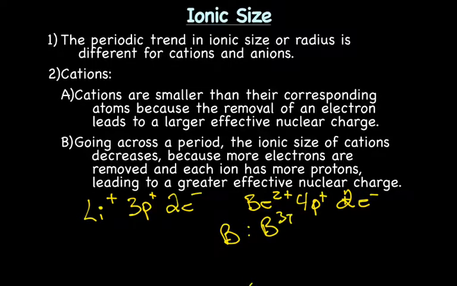So we can keep going. You sort of get the point, right? Okay, so going across the period, the ionic size of cations decreases because more electrons are removed and each ion has 1 more proton than the previous one, leading to a greater effective nuclear charge.